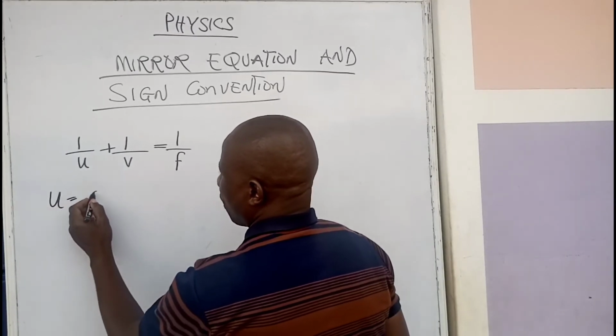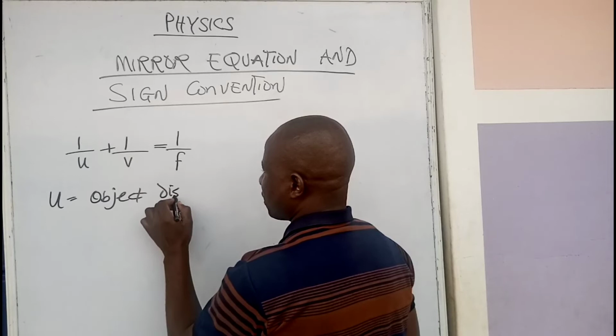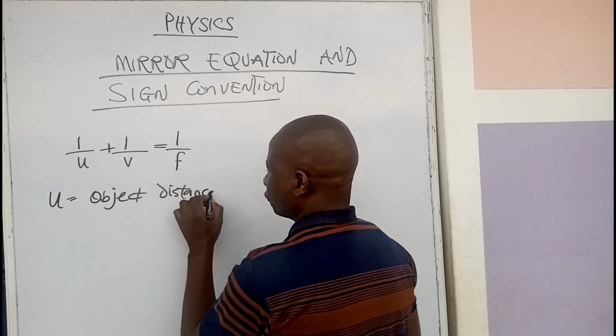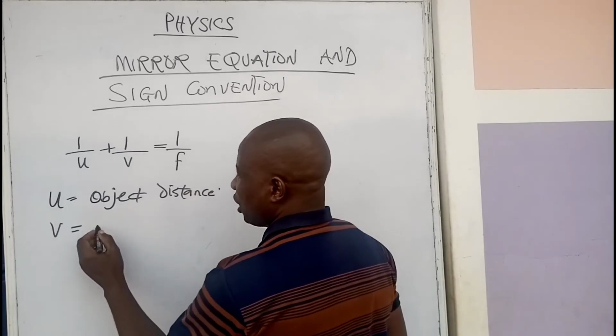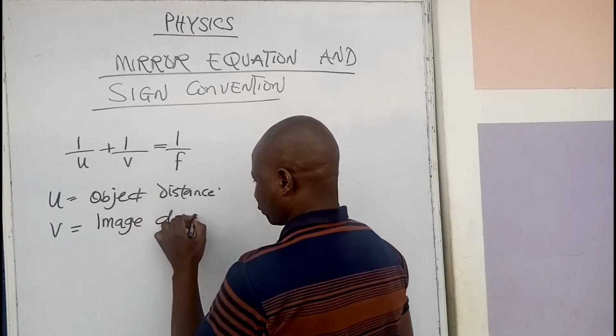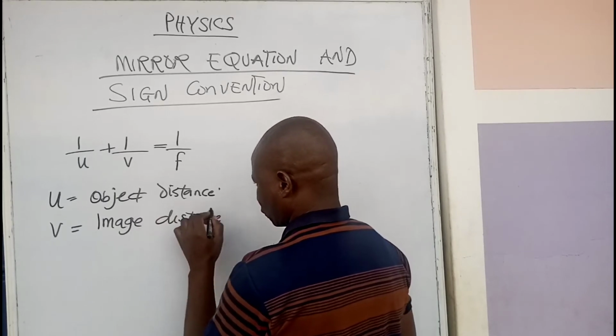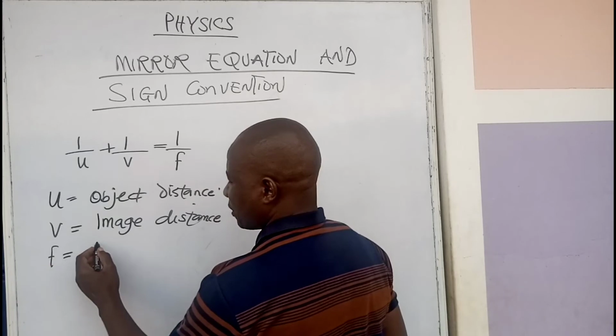U is our object distance. V is image distance, and of course f is our focal length.